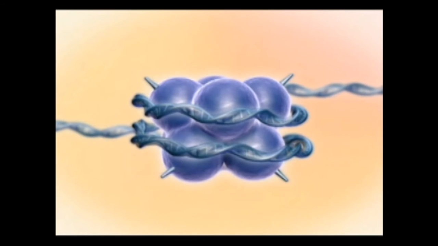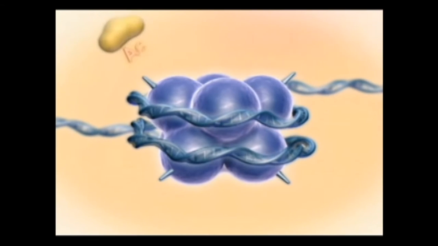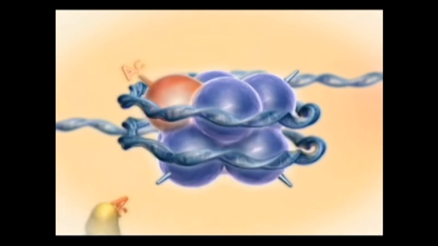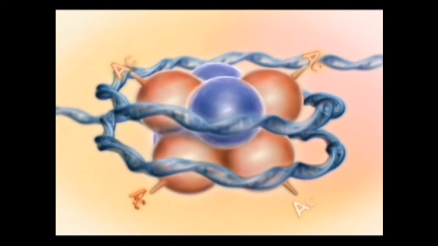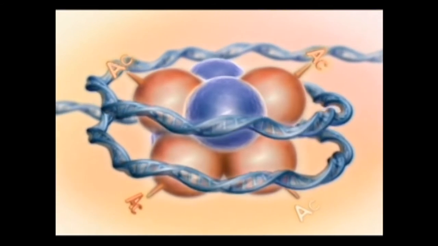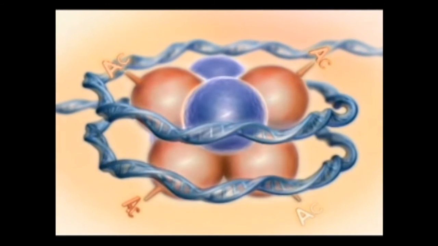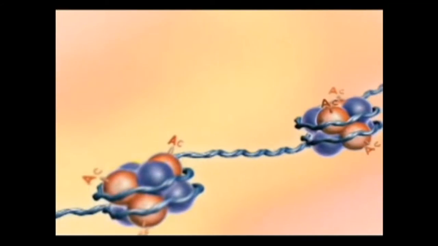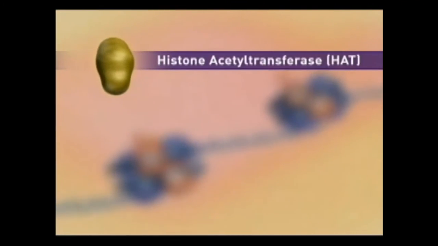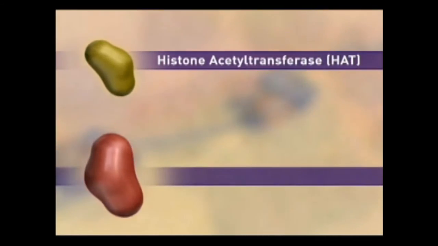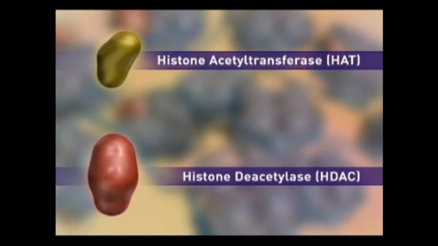Epigenetic modifications, such as histone acetylation, occur at the amino-terminal tails of the histones that protrude from the nucleosomes. Acetylation of histones is generally acknowledged to play a key role in the regulation of gene expression. Histone acetylation is controlled by the balance in the activity of two enzymes, histone acetyltransferase, or HAT, and histone deacetylase, or HDAC.